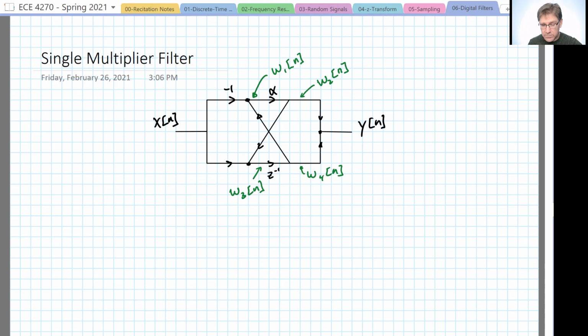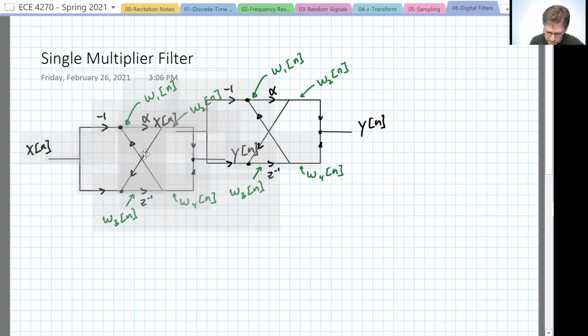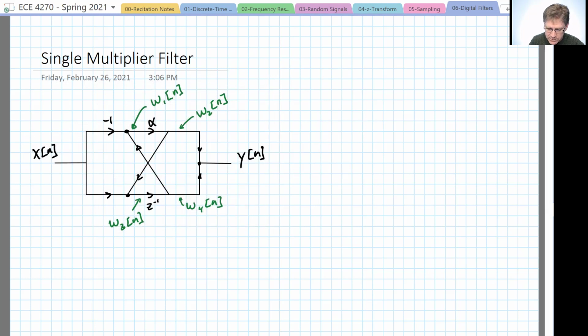So what's the best way to start? I would start a problem like this by giving myself a little bit of room and starting to write down every relationship that we know. We know that W1 of n is equal to W4 of n minus x of n.